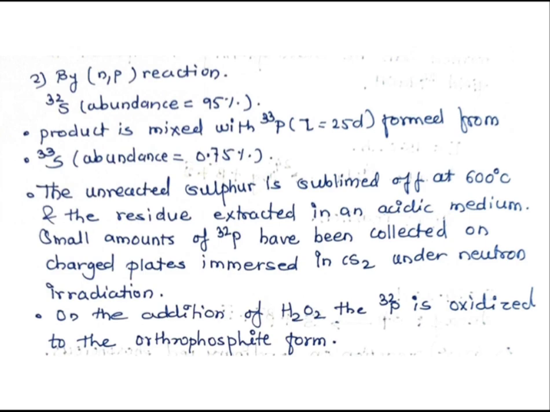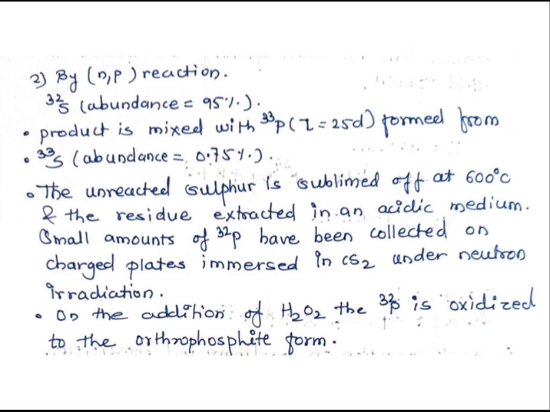The unreacted sulfur is sublimed off at 600 degrees Celsius. So the sulfur which is not reacted will be sublimed at 600 degrees Celsius, and the residue extracted in an acidic medium. Small amounts of phosphorus 32 have been collected on the charge plates immersed in CS2 under neutron irradiation.